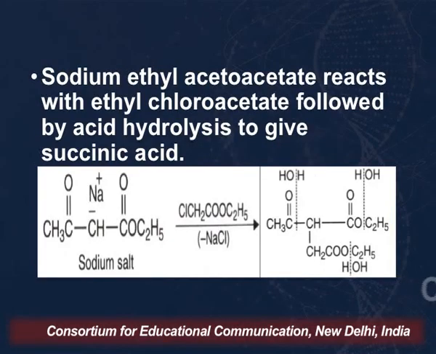So now what we are going to do is, we are going to take the sodium salt of ethyl acetoacetate and treat it with chloroacetate. So when we treat it with chloroacetate, what happens is, as you can see on your screens, the methylene group, that is the negative charge on the ester anion, acts as a nucleophile and it makes the bond with the CH2COOC2H5 group, that is chloroacetate group.